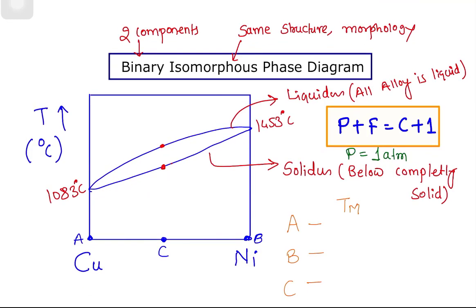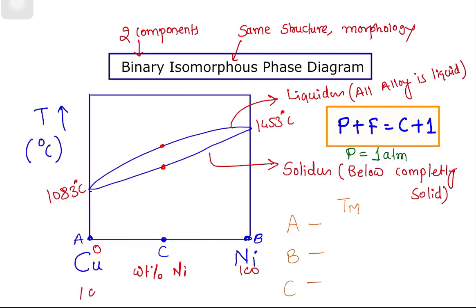Here we will see the binary isomorphous phase diagram. The typical phase diagram will look like this. On the x-axis we have weight percent nickel. Weight percent nickel is increasing from 0 to 100%.